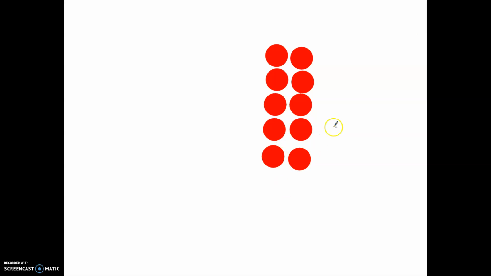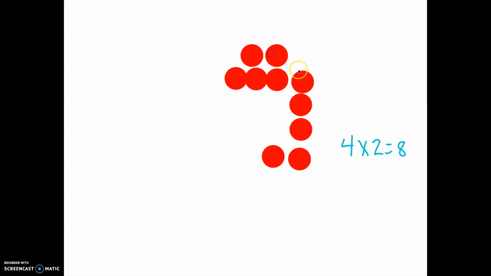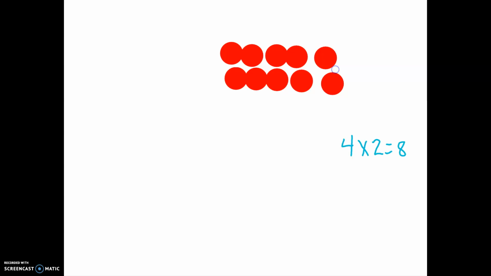Here I have 4 going down, and there's 2 in each row, so it's 8. I'm going to rearrange that array and have 2 rows. Oh, Mrs. Fleur, you don't know how to count very well, do you? That's going to be 5. Teachers make mistakes too, just to show we're all human. So the turnaround, I've got 2 going down and there's 5 in each row. So it's 2 times 5 equals 10.